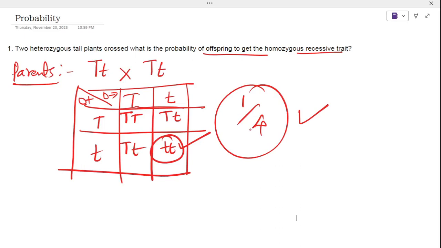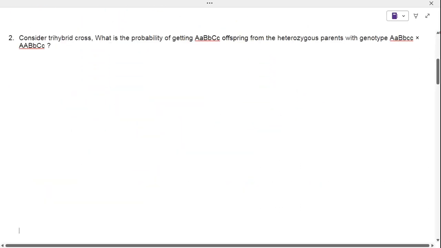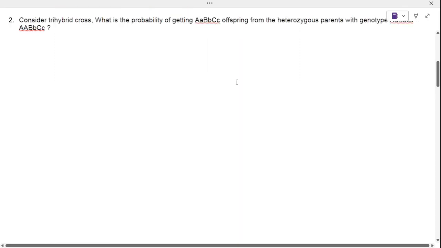Next, we will move on to one more problem. Consider a trihybrid cross.